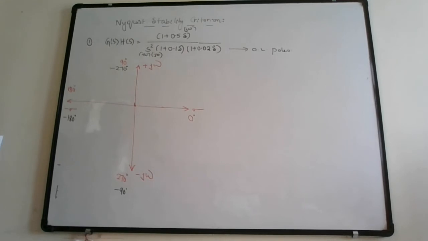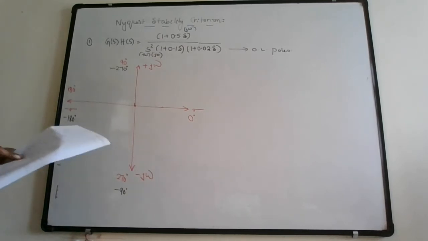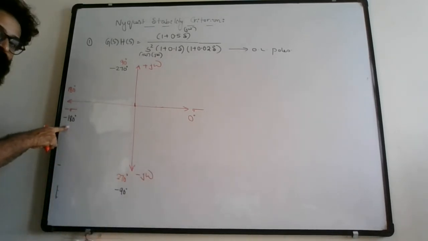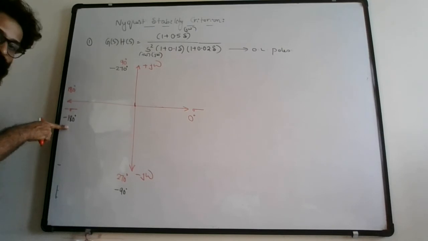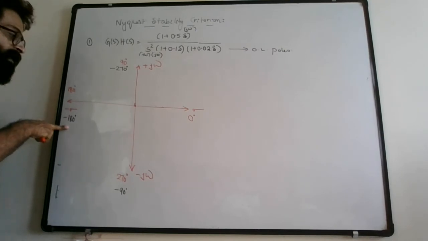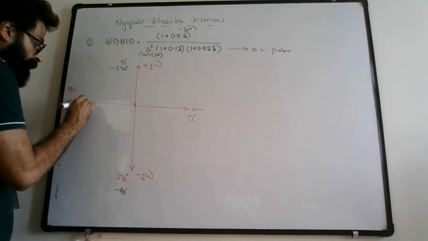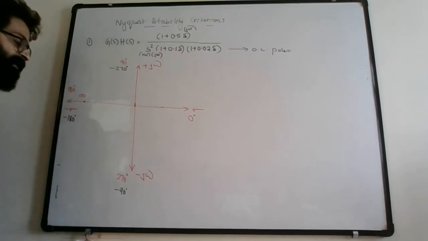And you look at the ending frequency. Ending frequency is omega equal to 0. But at omega equal to 0 plus, the magnitude becomes infinity and the angle becomes minus 180 degrees. So where is your minus 180 degree line? Minus 180 degree line is here. On this line, you are supposed to mark that infinity.